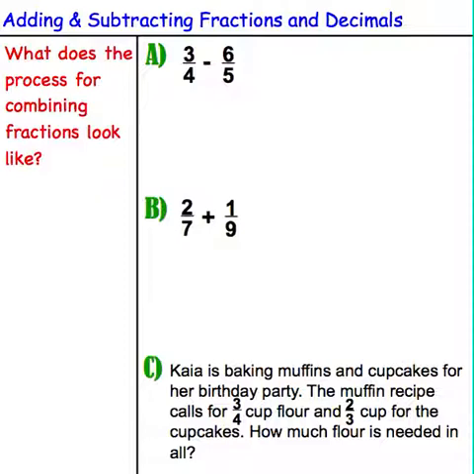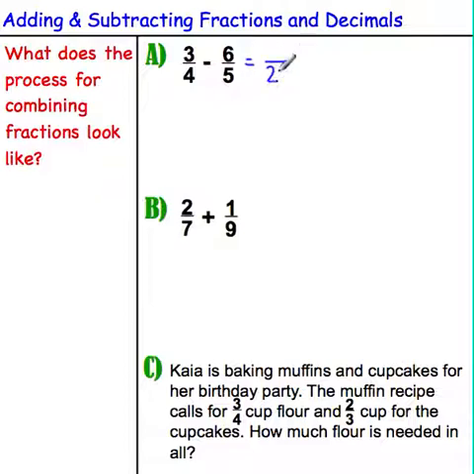So my first one, I've got 3/4 minus 6/5. The first thing I want to do is use my knowledge from last learning target of GCF and LCM, and we're looking at the LCM part, and know that the common denominator for 4 and 5 is 20.